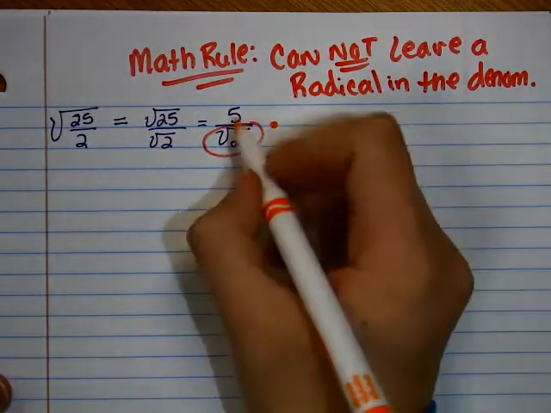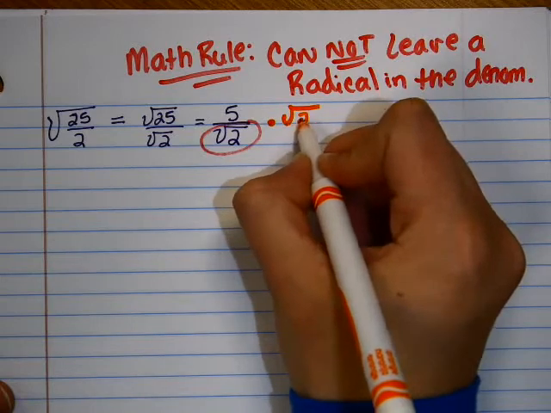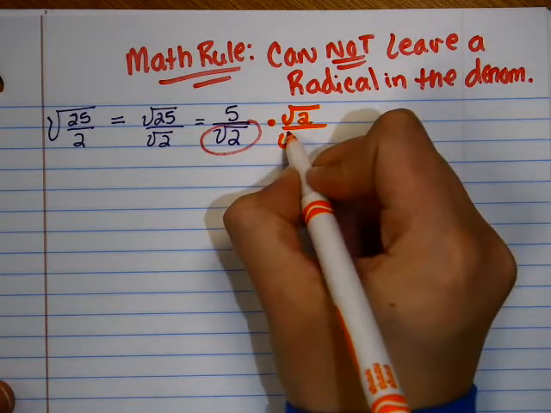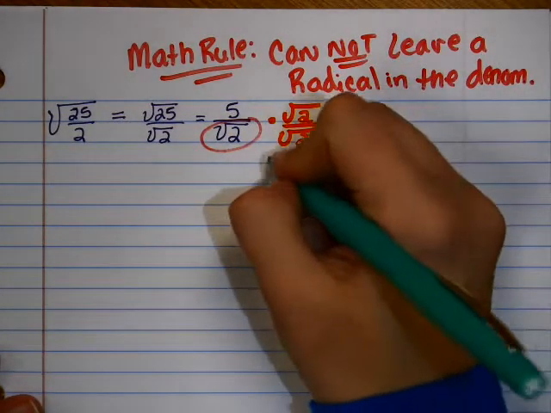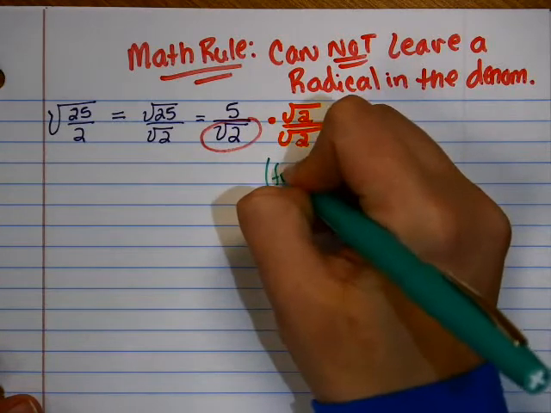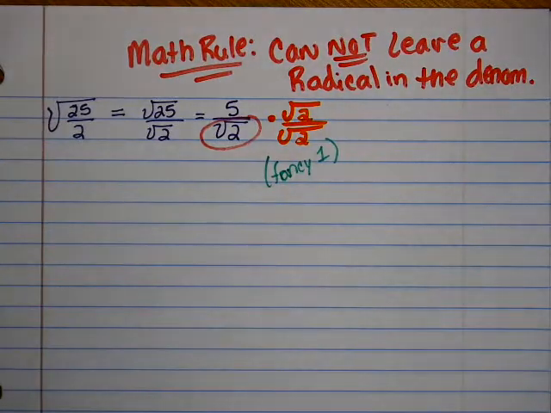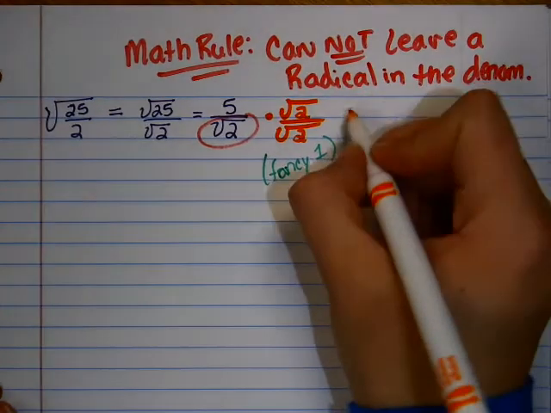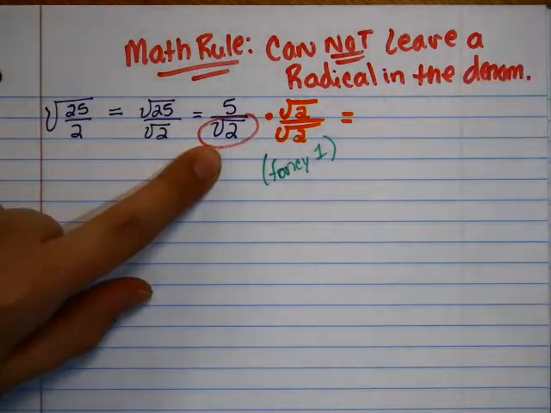What I'm going to do is I'm going to take that square root of 2 and turn it into a fraction of 1. So square root of 2 divided by square root of 2. I call this a fancy one because it has a radical, and square root of 2 over square root of 2 just equals 1. So I'm not changing the value of my radical, but I'm getting rid of that square root that's in the denominator.